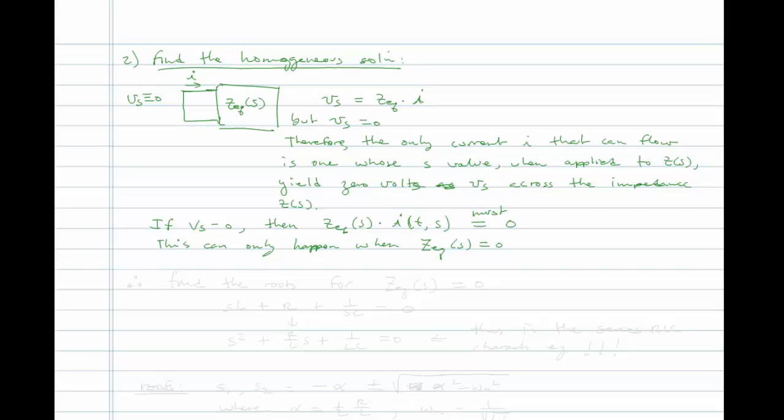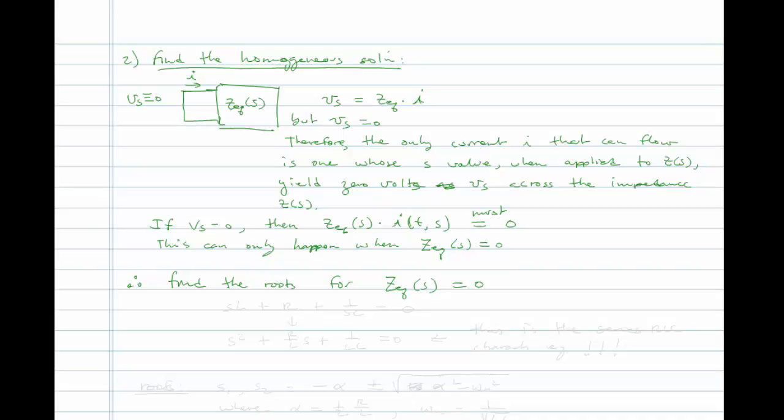But by definition, for the homogeneous case, you're driving the system with 0 volts. So the only current that can exist is the one that, when flowing through this impedance, will produce 0 volts. And that can happen only if the impedance evaluates to 0. So therefore, find the roots for Z equivalent S equal to 0.